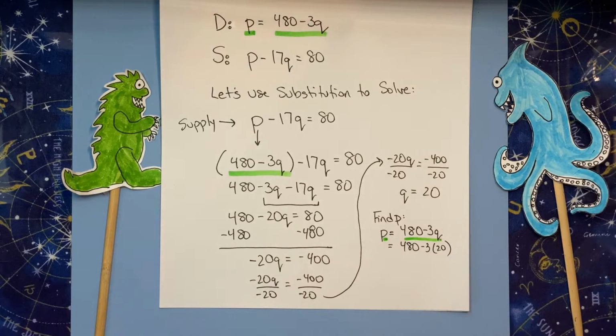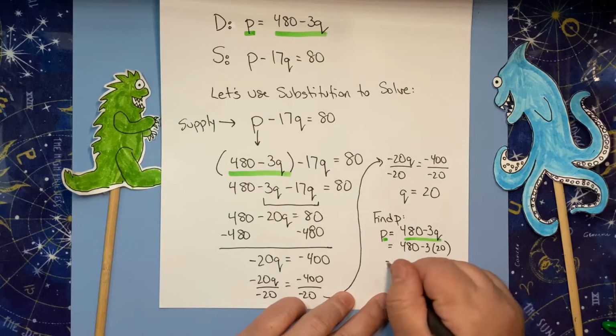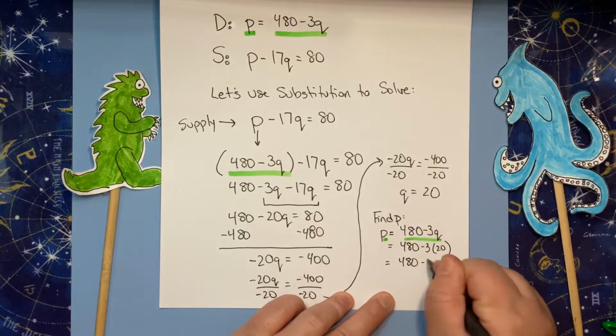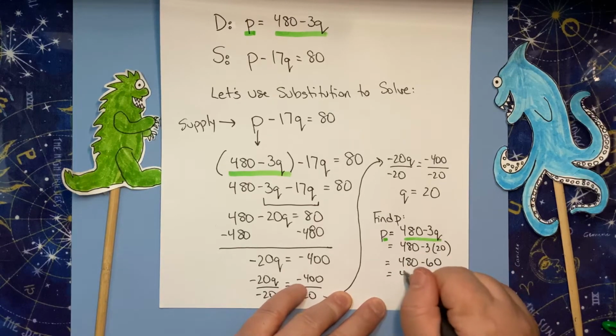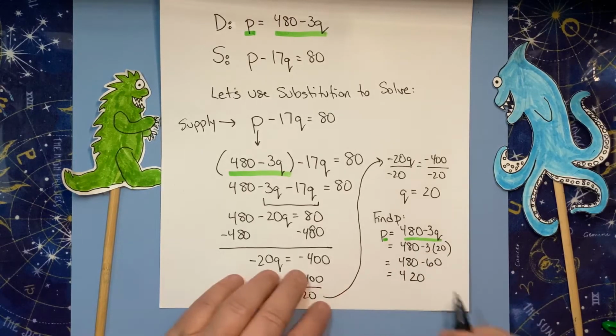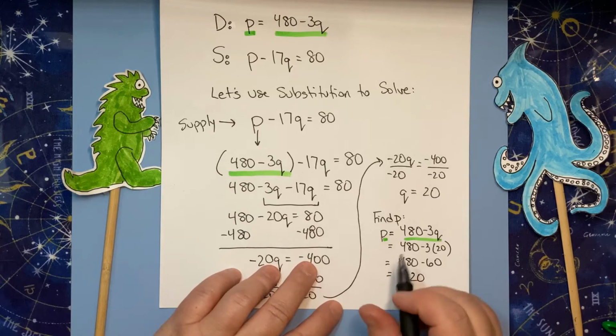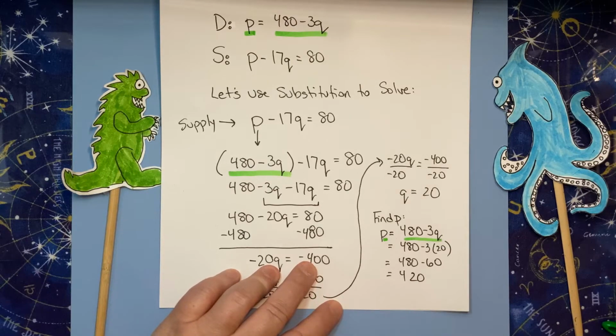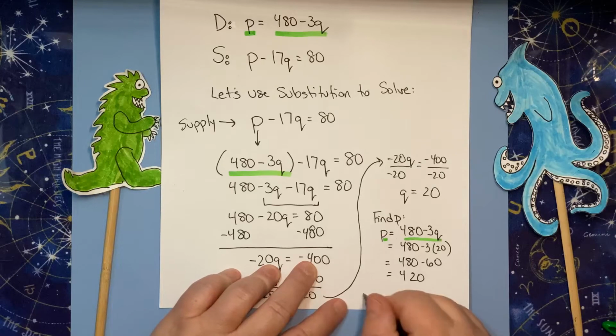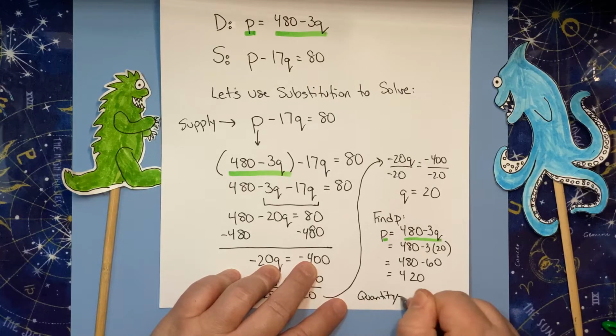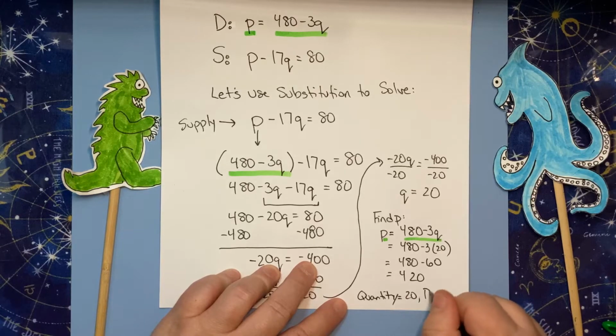This is the demand equation from up here. We plug the Q into that, and we get 480 minus 60, which is 420. So our equilibrium point is going to be quantity equals 20 and price equals 420.